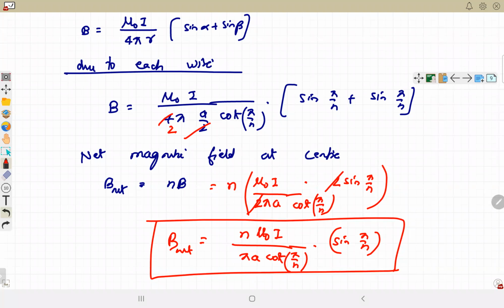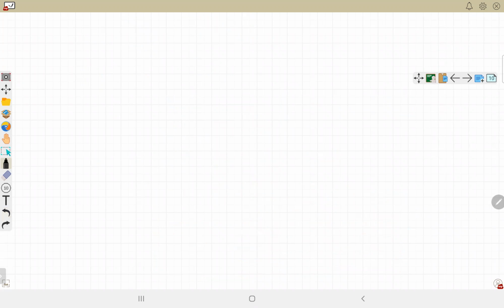Correct? Okay. Net magnetic field is n times B, and so we have done the cases for the regular finite length wire and curved wire, and I think we also did the magnetic field at the center of a rotating charge.